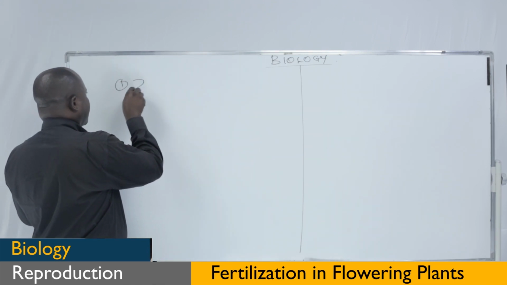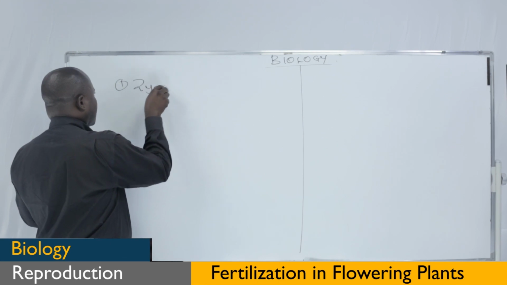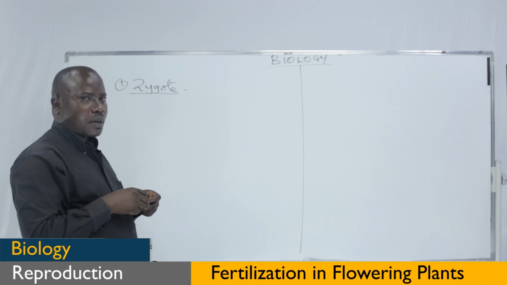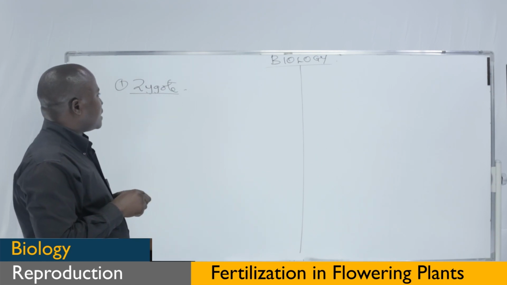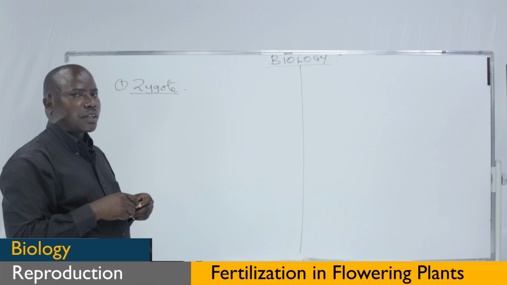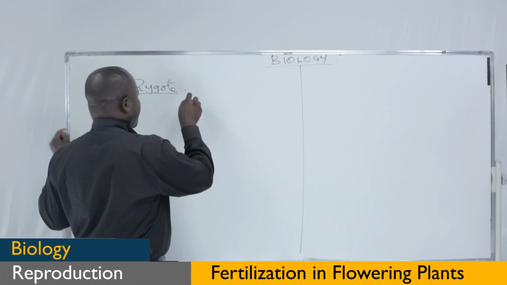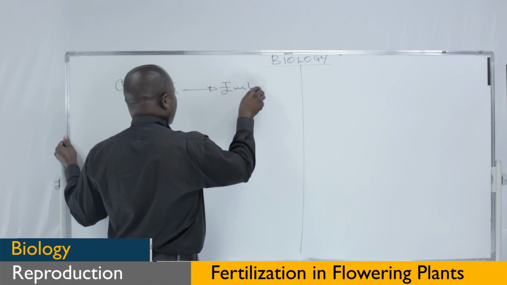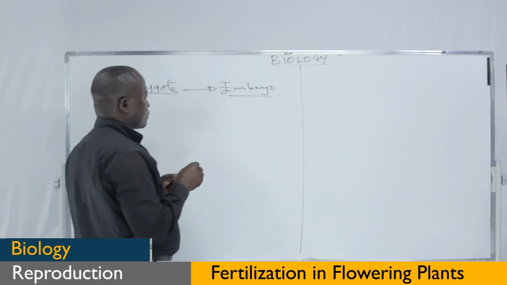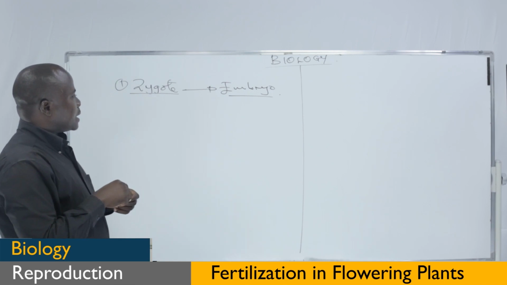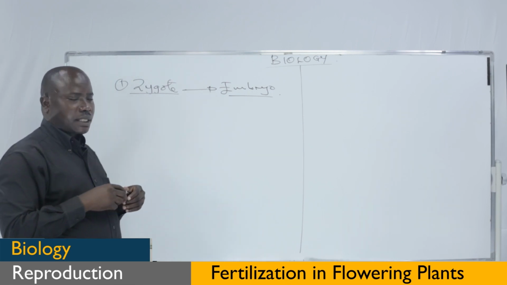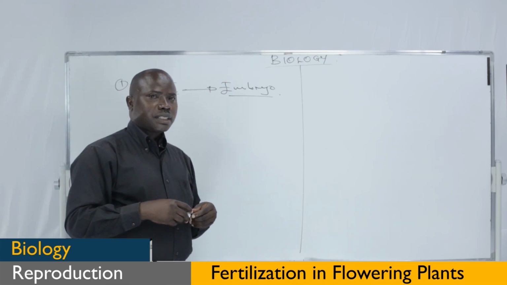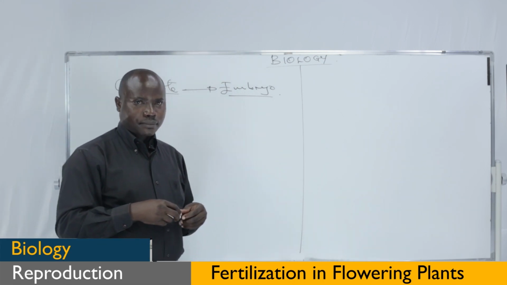1. Zygote. One of the importance of double fertilization is that the diploid zygote is transformed into the embryo. It means the cells forming the zygote undergo a rapid mitotic division, producing a large mass of cells.